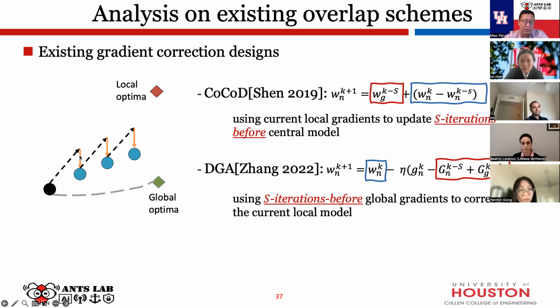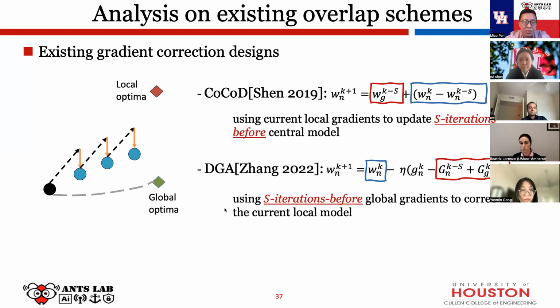Okay. Also, if we follow the traditional federated learning and training process, if you use the communication and computing interleaved process, it's kind of similar to this procedure, right? If you broadcast the global model back to all the users, it's like you pull the local training back close to the global model. So all the error correction and regularization approaches proposed are trying to do a similar thing.